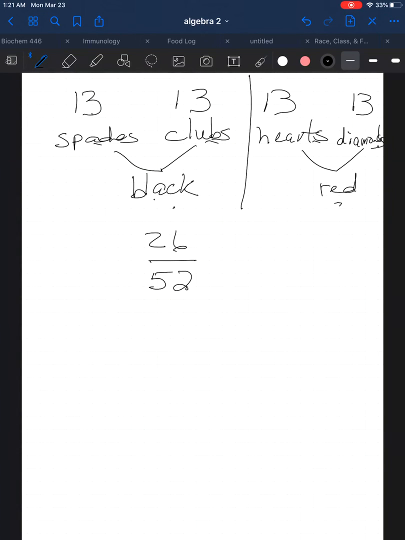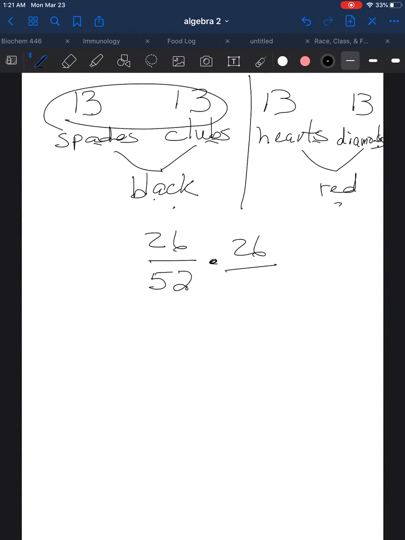Okay, so there's the probability the first one is red, and the second one is black. So the first time we pulled out a red card, didn't we? We pulled out a red card, but it's asking the probability of getting a black one the next time. So how many blacks do we have left? We still have 26 blacks.